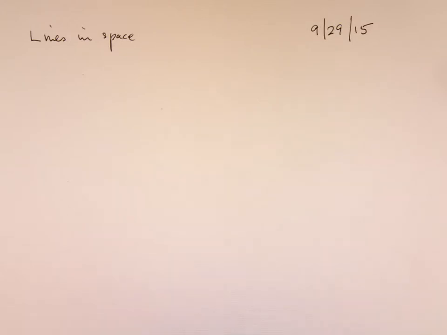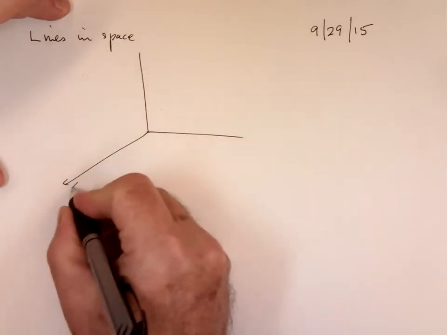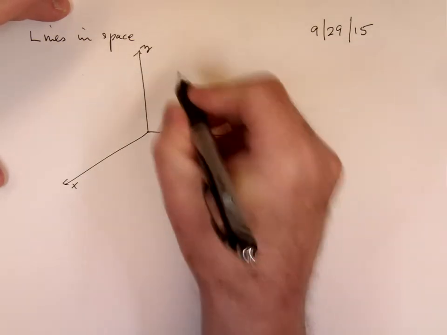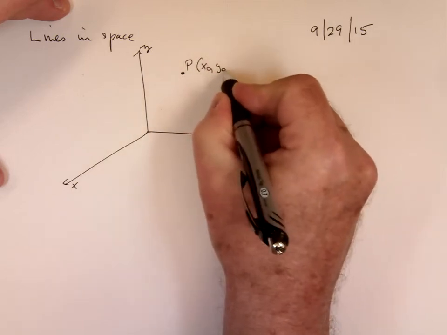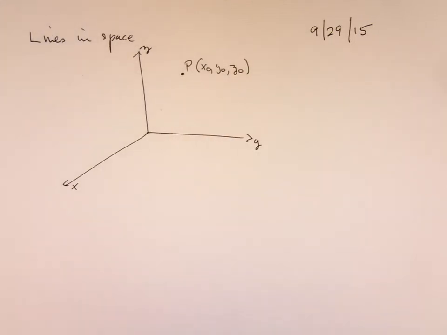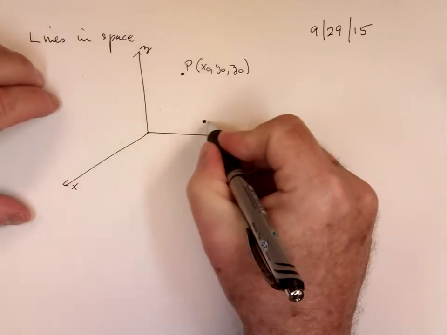What we are concerned with is generating an equation for a line in space. So here's what we're going to do. We're going to be given a point, let's call it x sub naught, y sub naught, z sub naught, and we're given what's called a direction vector.